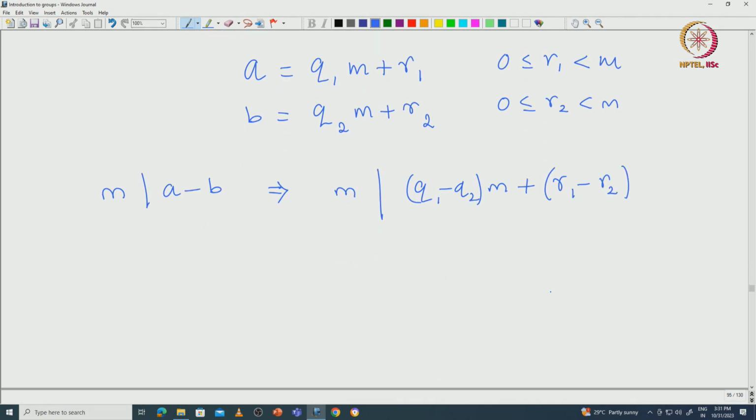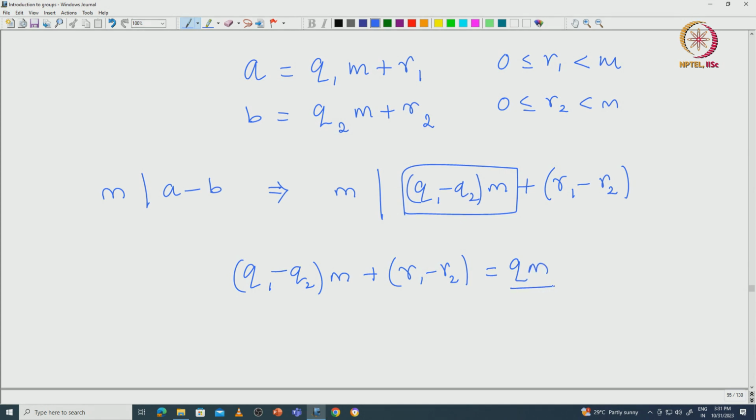You can see that this is already a multiple of M. So you can rewrite this as (Q1 minus Q2) times M plus R1 minus R2 equal to some Q times M. Now since M divides the right hand side, and M divides the first term in the sum, that implies that M must divide R1 minus R2.